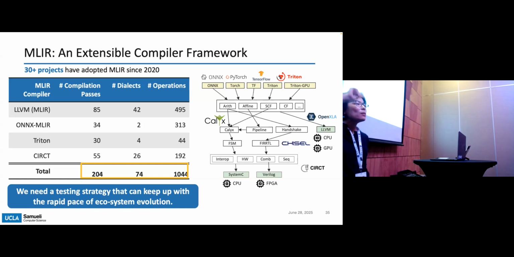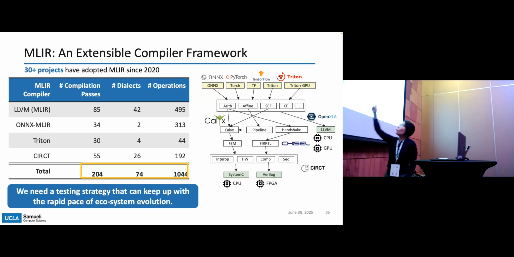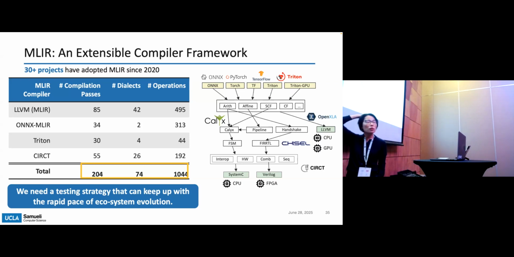And then people build what they call a compilation path. If you look at LLVM, ONNX-MLIR, which is deep learning, Triton is again a deep learning middle-layer compiler, and CIRCT is a consortium of hardware design, deep learning and hardware accelerator compiler.